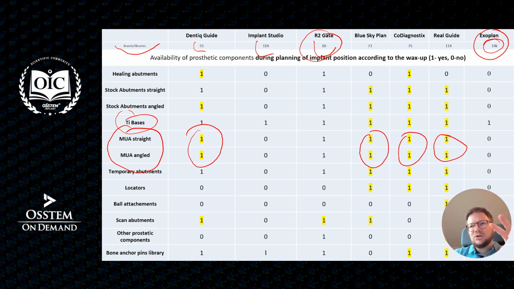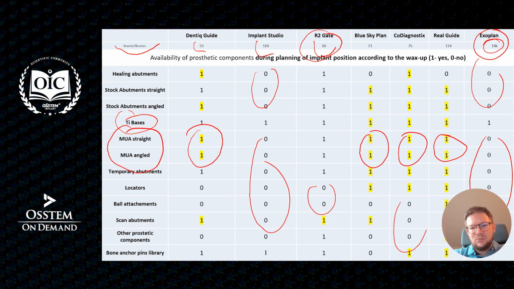So actually the availability of those components is really limited, but in most of the places you can find zero, completely no prosthetic components to be used at the stage of planning implants on the CBCT cross sections. And that is why sometimes implants are easily placed not in the best prosthetic position, because we don't do it through the available patterns.